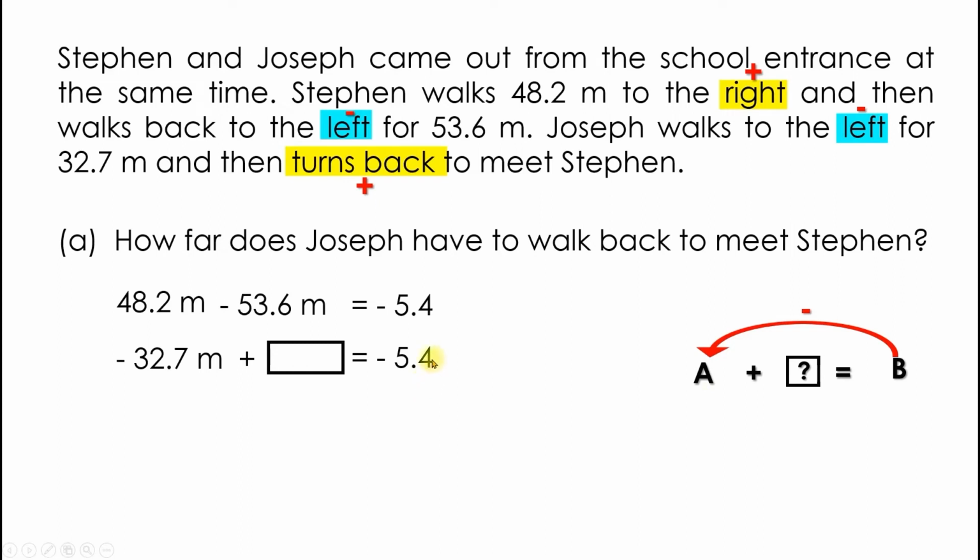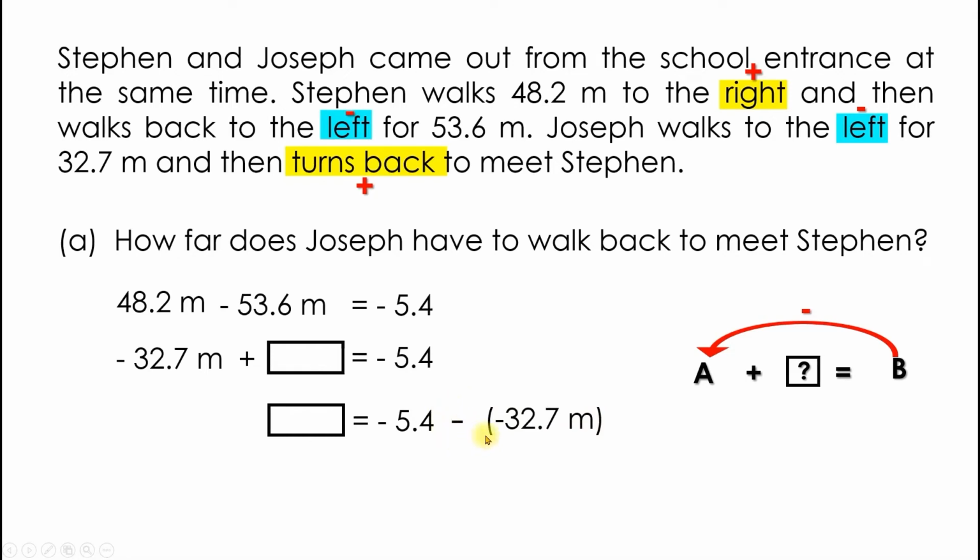So the same concept, I'm going to take negative 5.4 and I want to subtract negative 32.7 meters. Now, keep in mind the subtraction and the negative sign of 32.7 are separate from each other, and you cannot write them down side by side. So what you want to do is put a bracket to separate the two symbols from each other.